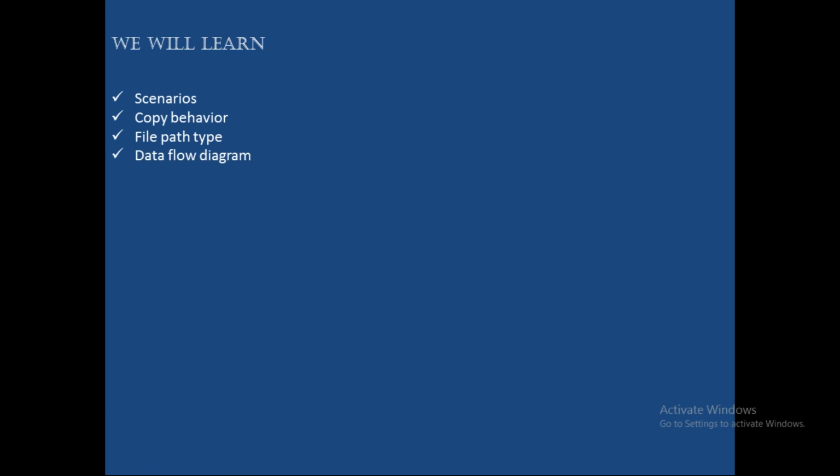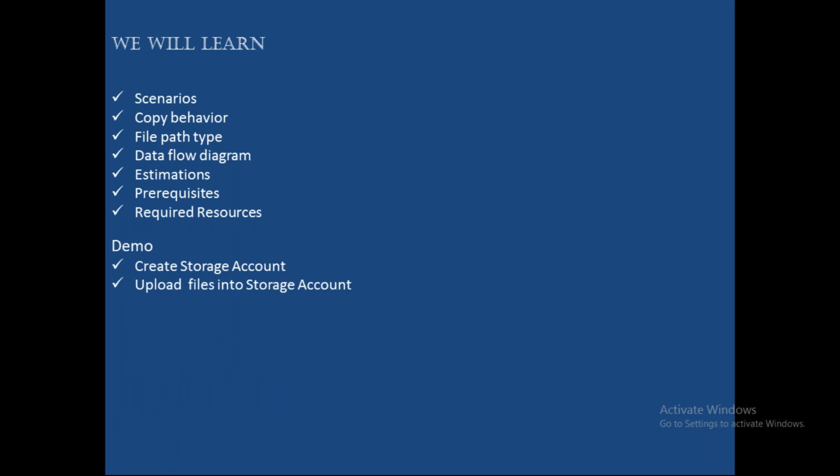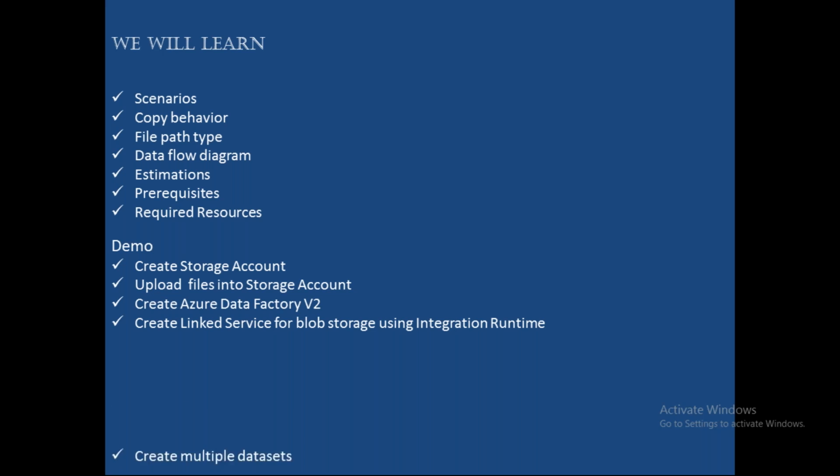Then we are going to see the data flow diagram, a simple copy activity data flow diagram. We will do estimations, prerequisites and required resources, as you know. With respect to the demo, we will create the storage and upload files into the storage account. Then we will create Data Factory v2 and the linked service for blob storage using integration runtime.